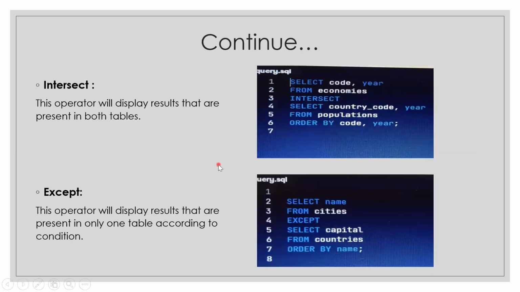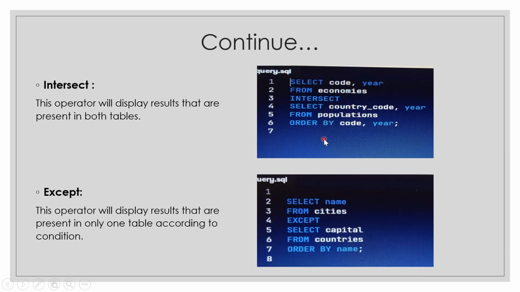Intersect. This operator will display results that are present in both tables. So here is the query of the intersect. First, we will select the column from the table, and then we will use the set theory clause, which is intersect, and then we will select the second table column from table two, and we will sort that result according to the order by statement.